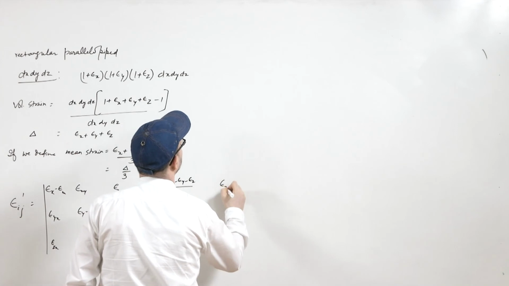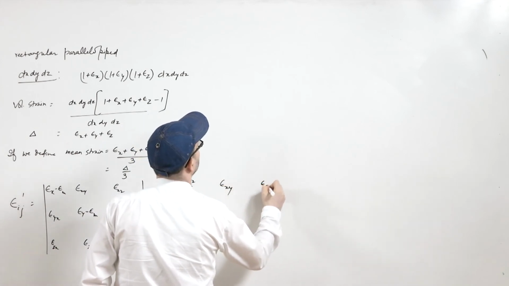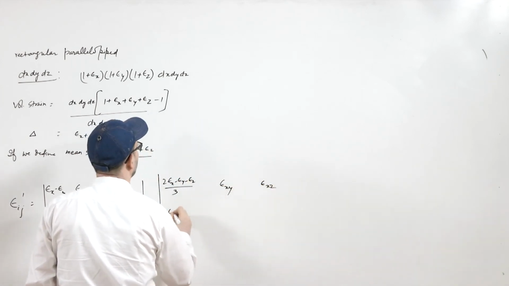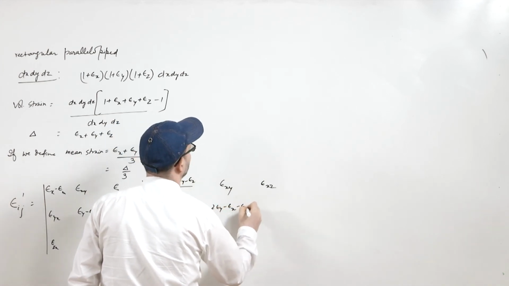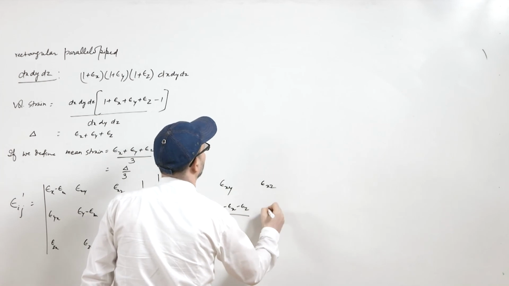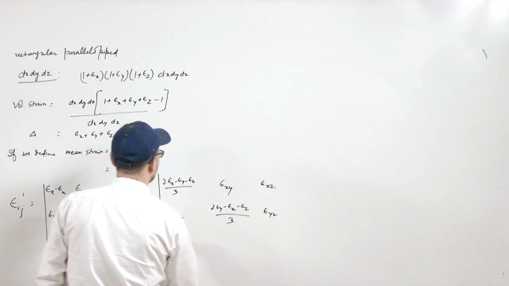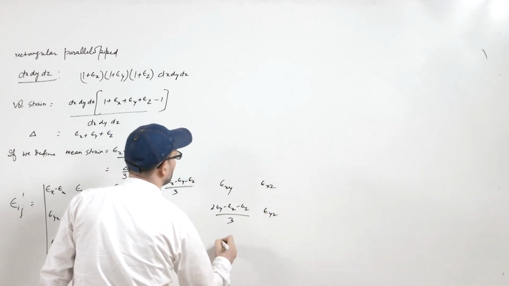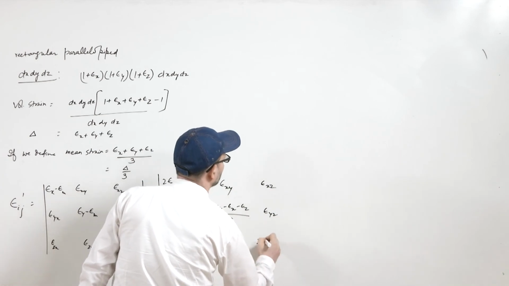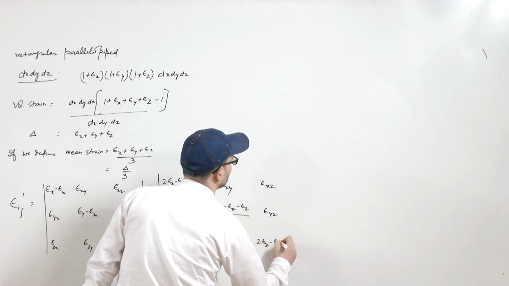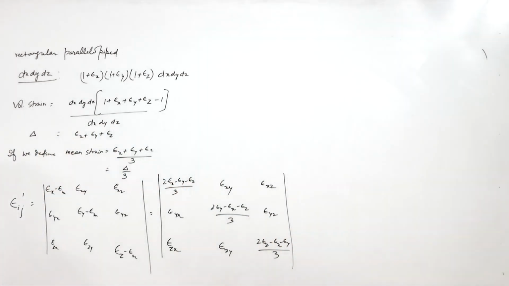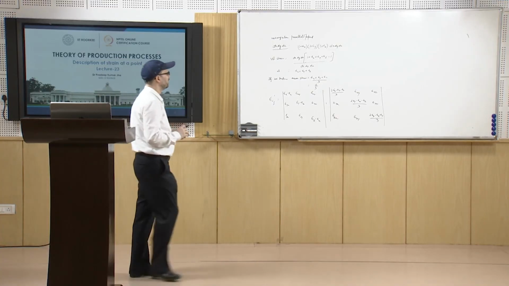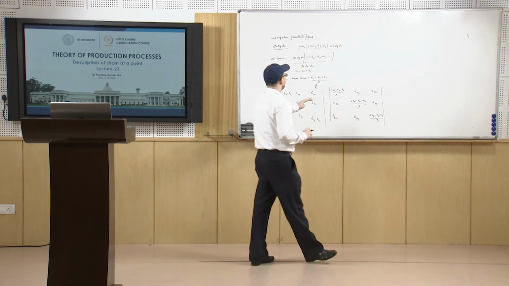Similarly you have epsilon xy, epsilon xz, epsilon yx, then 2 epsilon y minus epsilon x minus epsilon z by 3, then epsilon yz, zx, zy, and 2 times epsilon z minus epsilon x minus epsilon y by 3. This is known as the strain deviator.